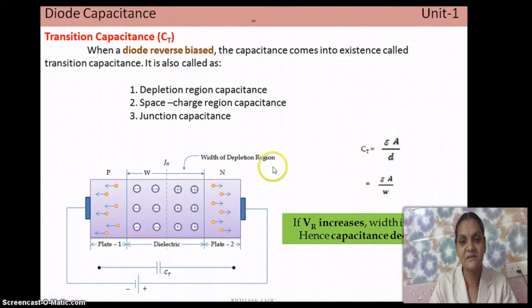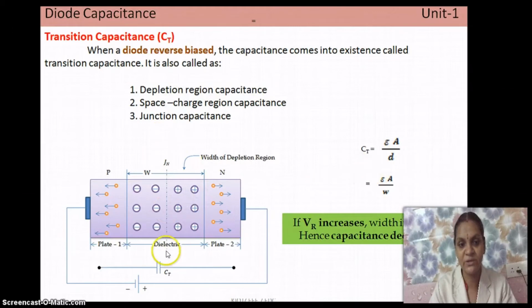Here A is the area of cross section of the plates, and epsilon is the permittivity, a constant. The conclusion is that if we increase the reverse bias voltage VR, the width of the depletion region increases.